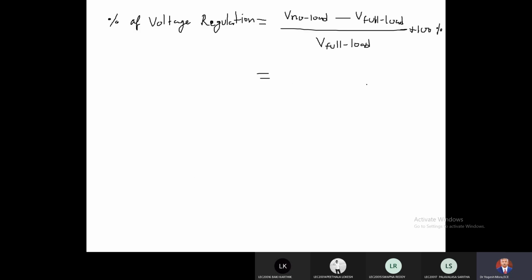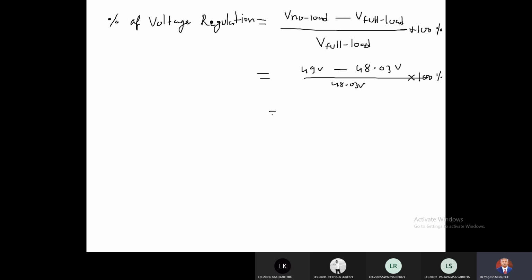So we will put this value here: 49 volt minus 48.03 volt, that is 0.97 volt, divided by 48.03 volt, multiplied by 100 percentage, right?